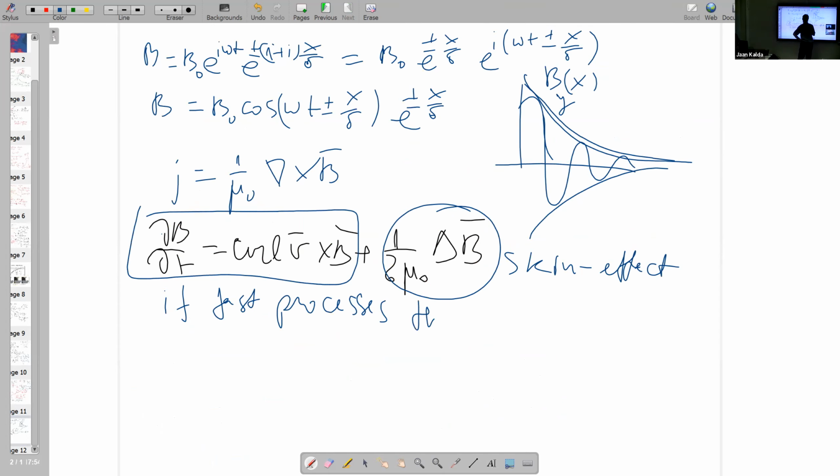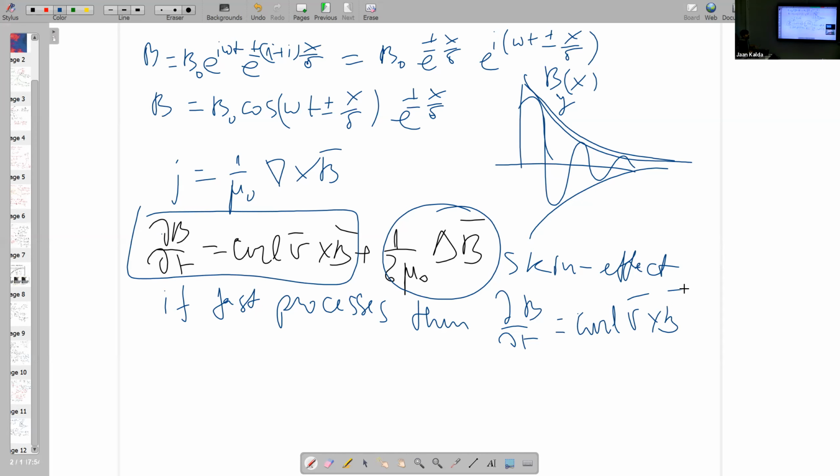Then dB over dt equals curl of V cross B. And now the question is, what does it mean? It means a very simple thing. We could have actually written it down even without any method, because what we have here states that magnetic flux is conserved through material contours.